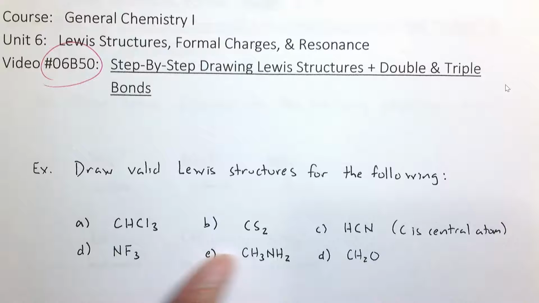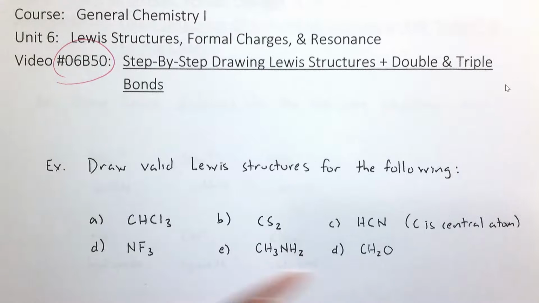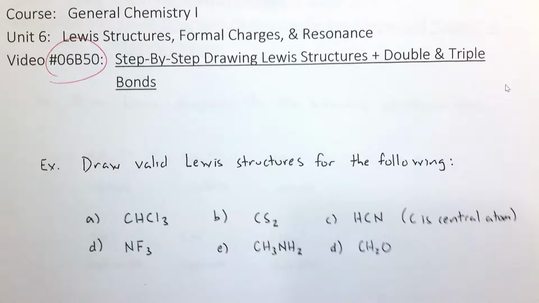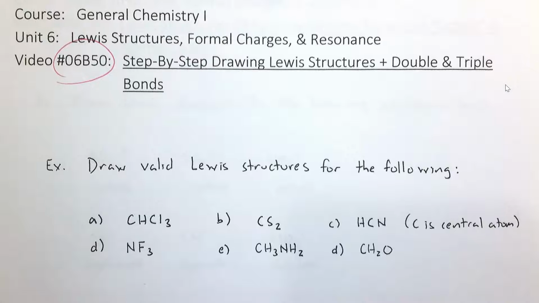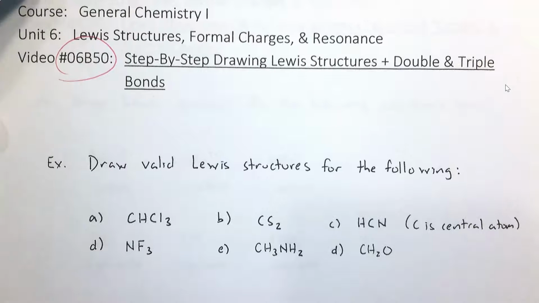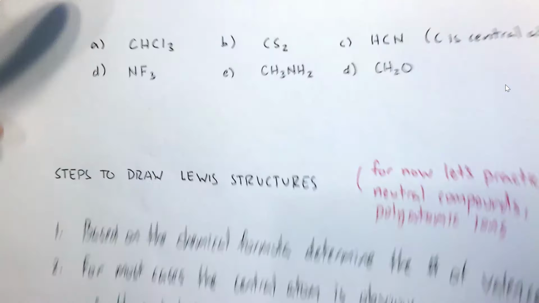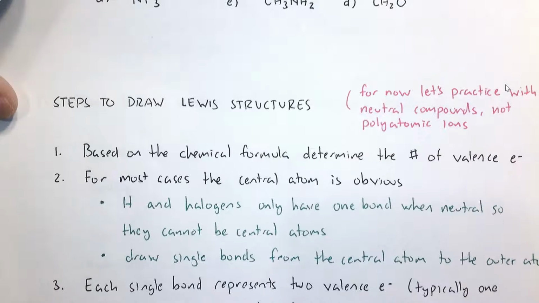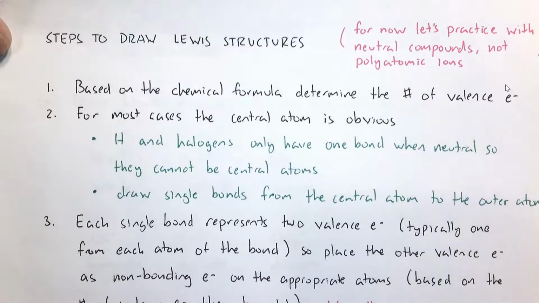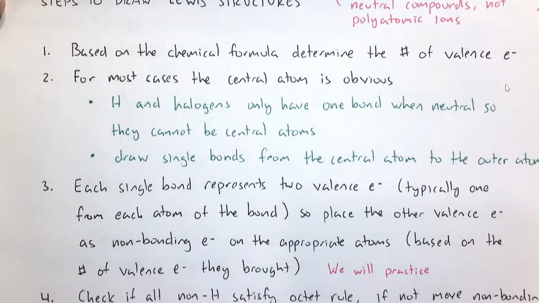First, master this, and then you could go on to compounds that are charged, like the polyatomic ions. Remember, the previous video has the steps written out. There are 4 steps, and in this video, I went through these problems following these 4 steps right here.